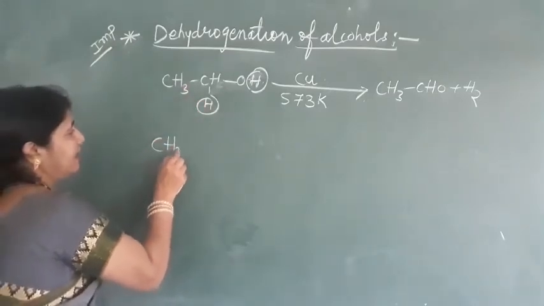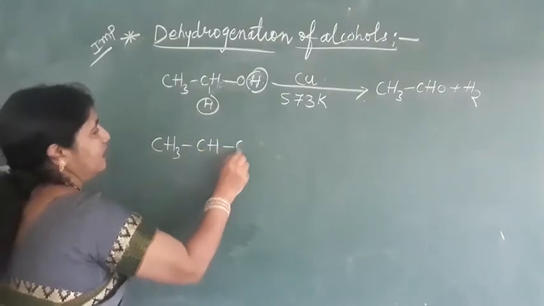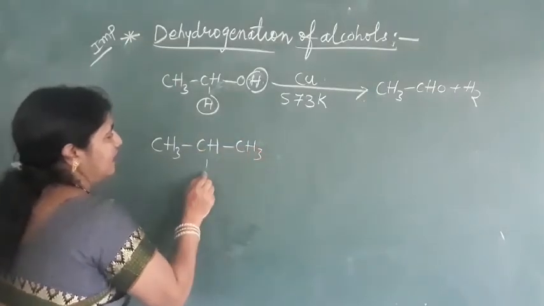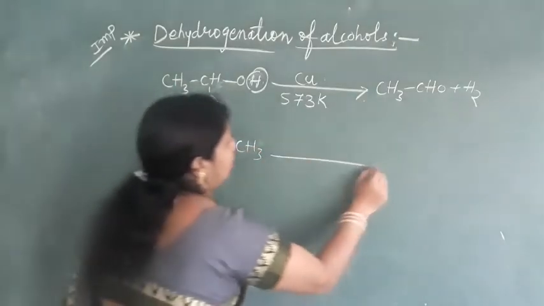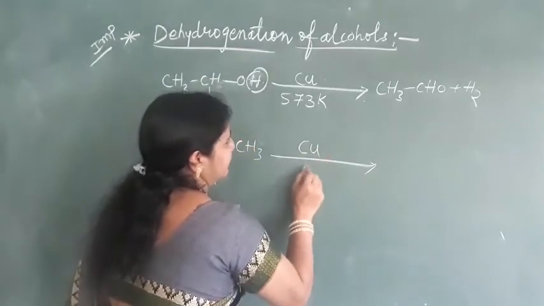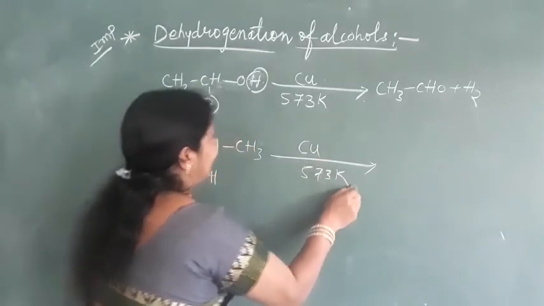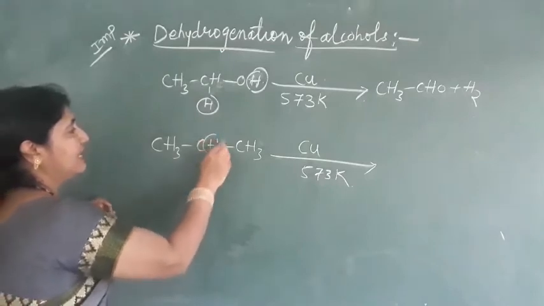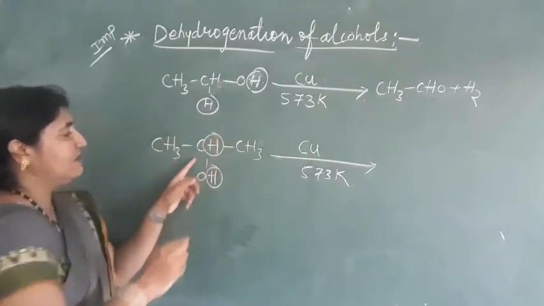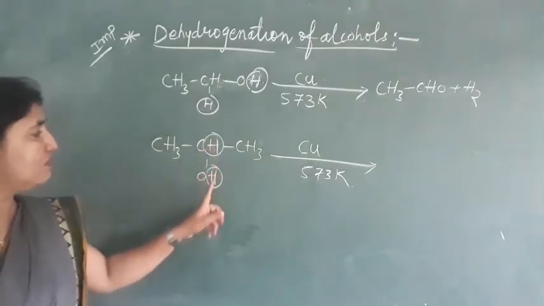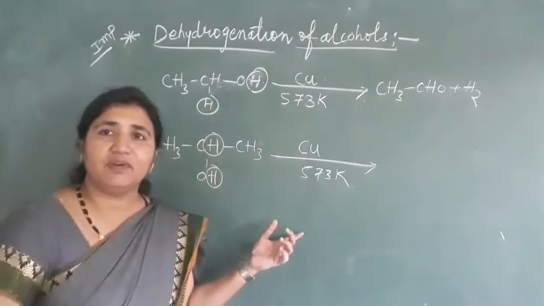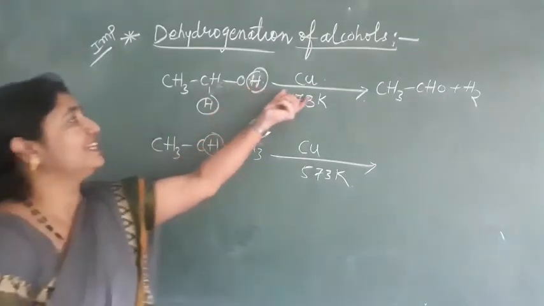Next, the second one, secondary alcohol. When secondary alcohol is passed over copper at 573 Kelvin temperature, it converts into ketone, one hydrogen removed from here. Only the reagent changes.